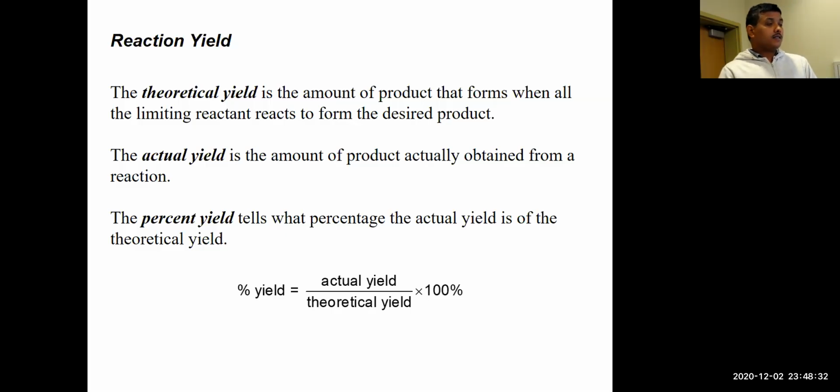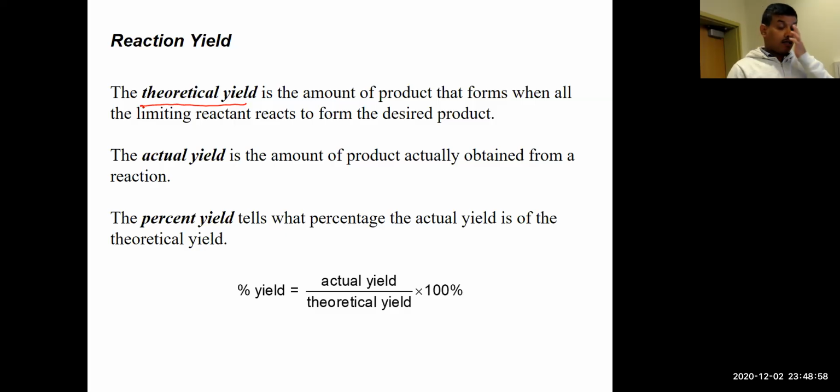You would identify a percentage by taking the actual yield in a chemical reaction you obtain over the theoretical yield that you calculated on paper. Theoretical yield is what you expect if 100% of the limiting reactant converted to 100% of the product.